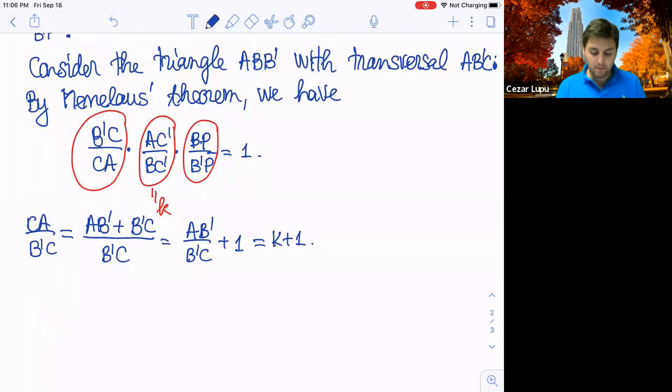So from here it follows, I have to flip this one, so it will be 1 over K plus 1, times K, times BP over B prime P, is 1.